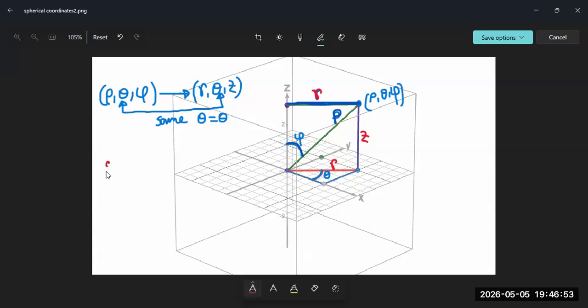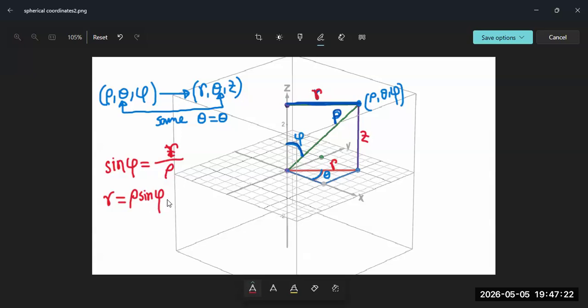By the sine ratio, sine phi is equal to r divided by rho. So r is basically rho sine phi. So we have calculated the r quantity in terms of rho and phi. Theta is not needed, just phi and rho are needed for calculating r.